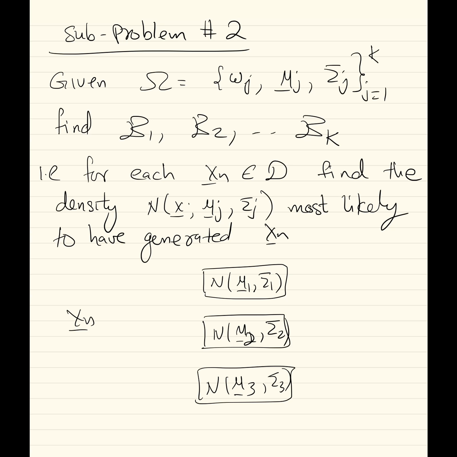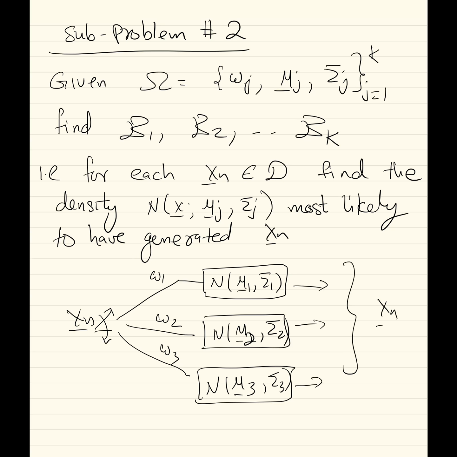We can select this branch with probability W1, this branch with probability W2, and this branch with probability W3. This is also given to us. There is a switch here which can select one out of these three branches with these probabilities. And we observe which xn was actually produced. We know the value of xn after this process was done.